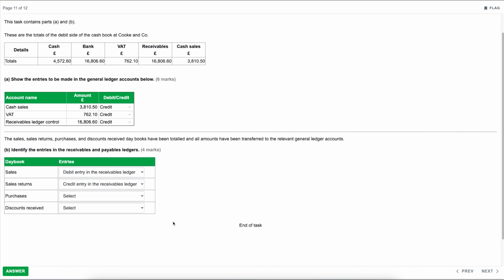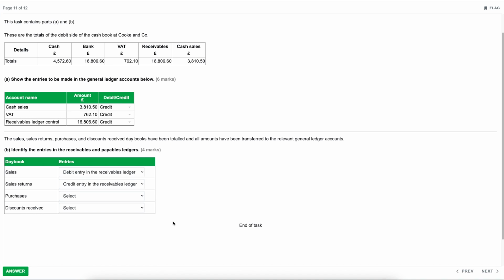Whereas discount received is taken off after the invoice has been issued because we don't know, obviously, whether the business is going to take it or not. If we don't pay promptly or within the given time period that they've offered, then it wouldn't apply.